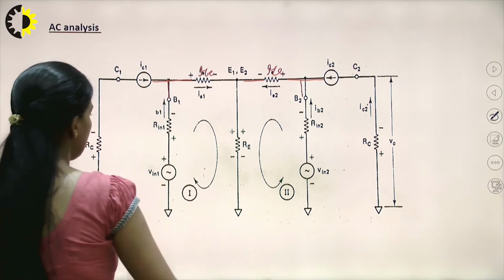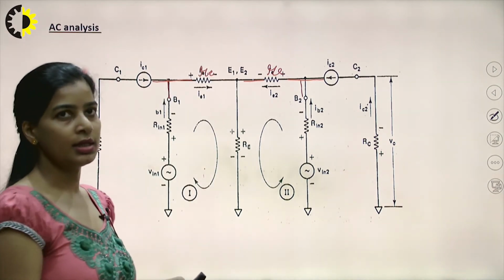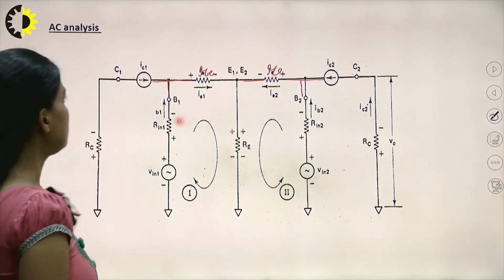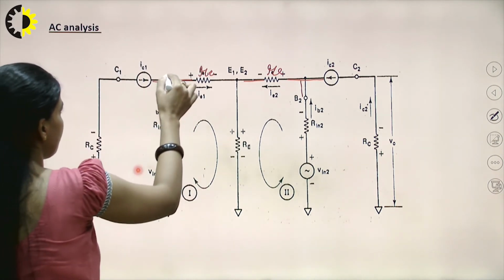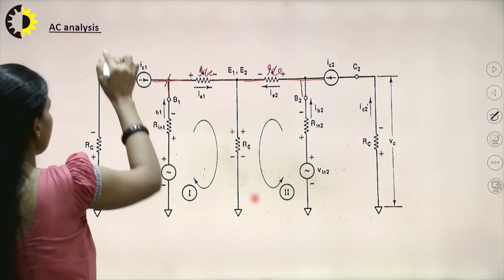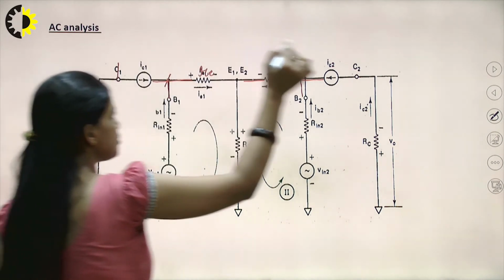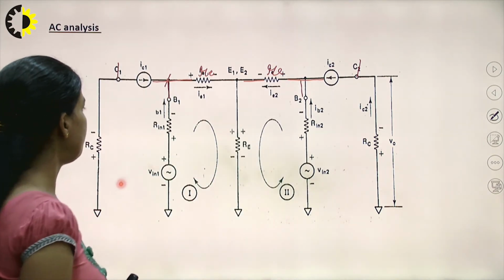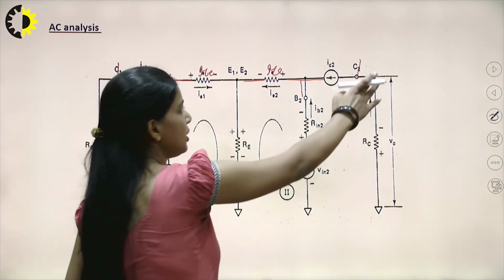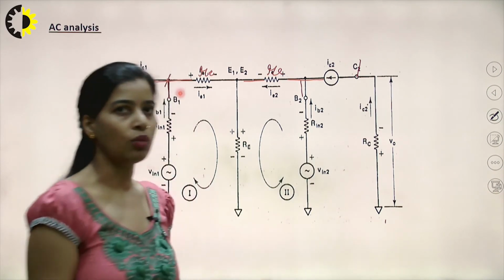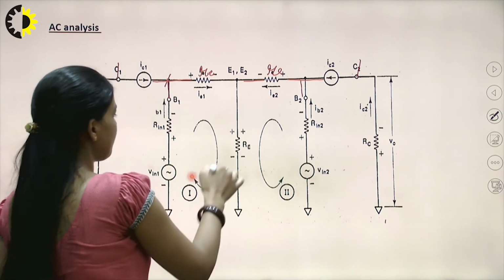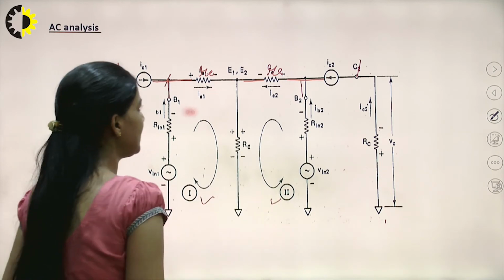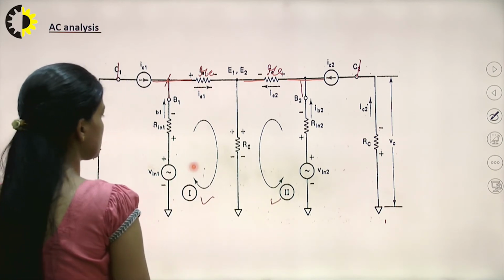So now we will apply KVL in the same manner as we did with the previous one, with the difference that in the previous one we were measuring output between VC2 and VC1. Now we are measuring between C2 and ground. So the two equations that we have written in loop 1 and loop 2 will be the same as the previous one.